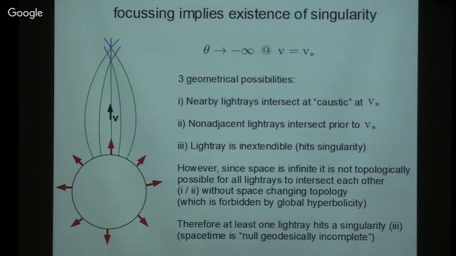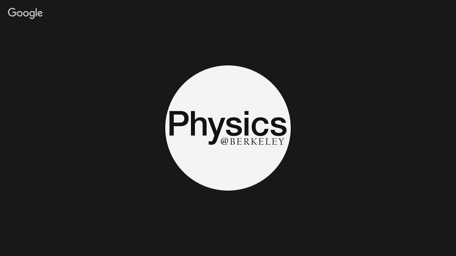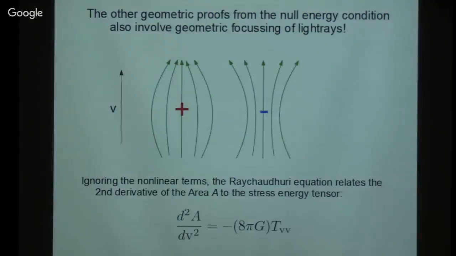And if you're so clever as to have defined the singularity as a place where a light ray becomes inextendable, then you've just proven the existence of singularities. The other geometric proofs that I didn't go into the details of also involve this assumption of light rays focusing.